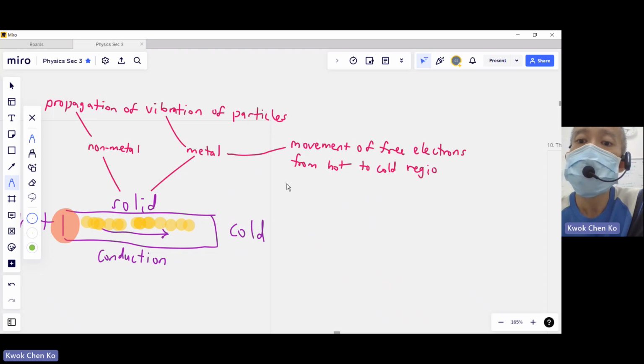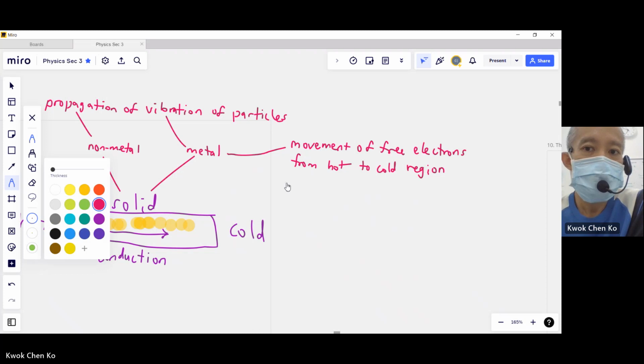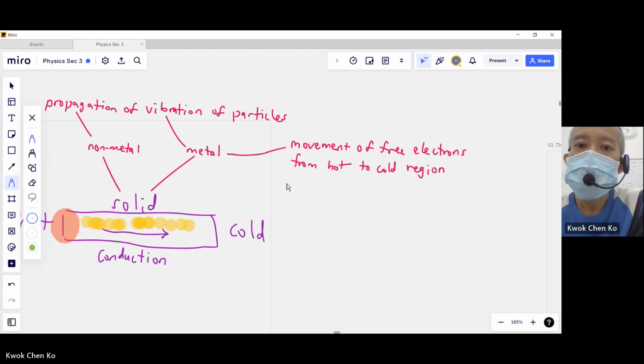They don't just vibrate, they move. So basically for metals, you have to mention this part and this part when asked about conduction.